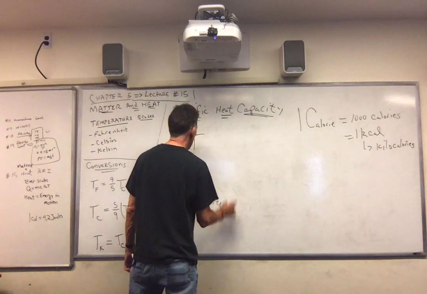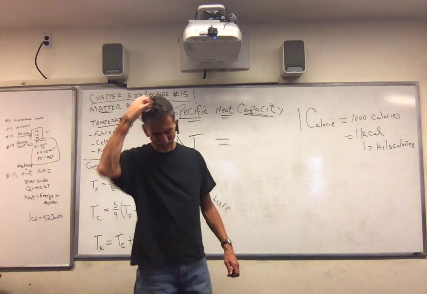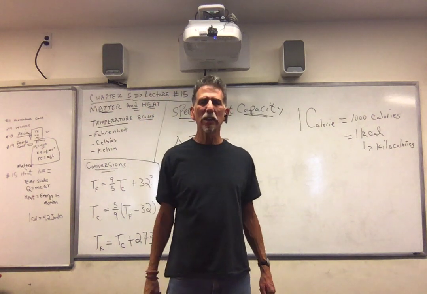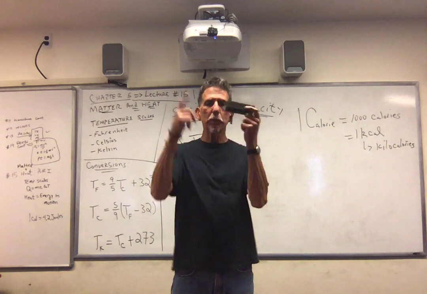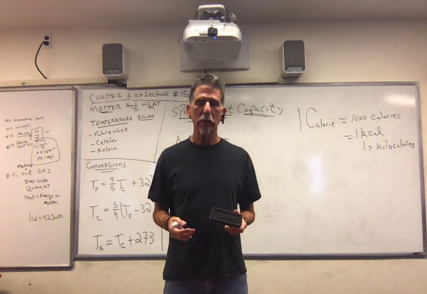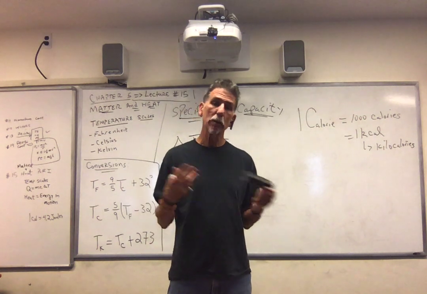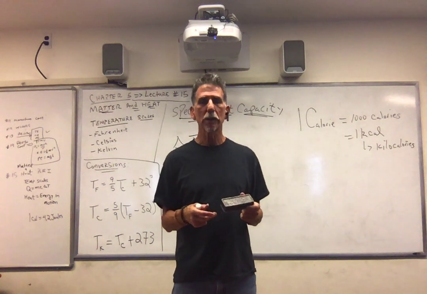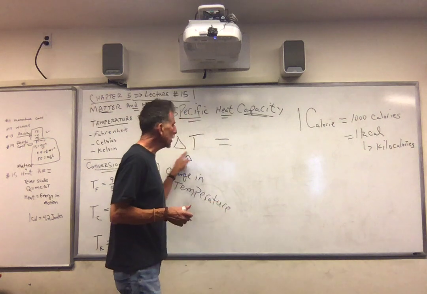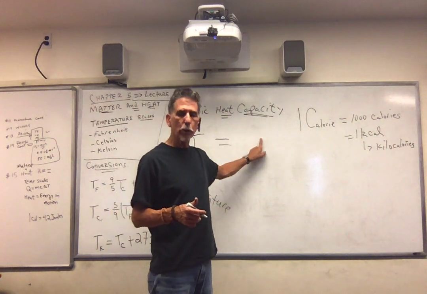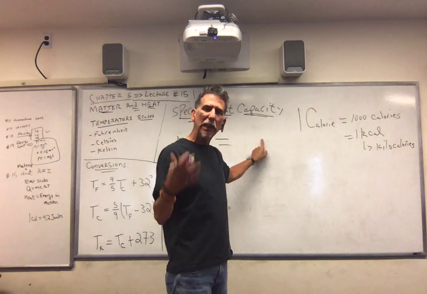My question is, what does the change in temperature depend on? Well, we just said if I add 100 calories of heat, the temperature goes up. What if I added 200 calories of heat? I think the temperature would increase more. Or 1,000,000 calories of heat, the temperature would go way up. So the change in temperature is directly proportional to the amount of heat that you add.